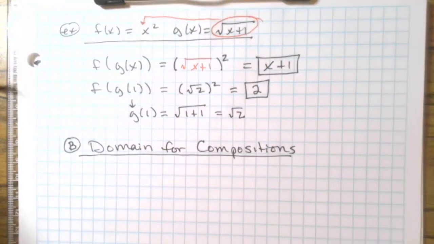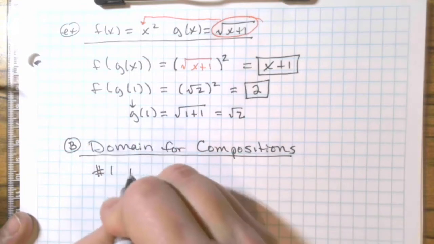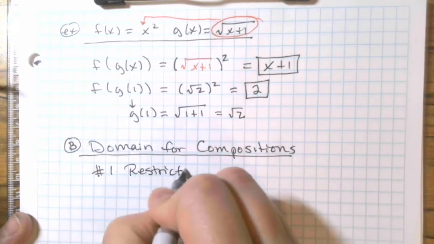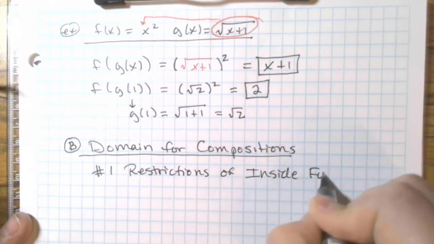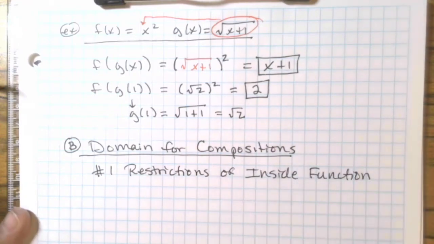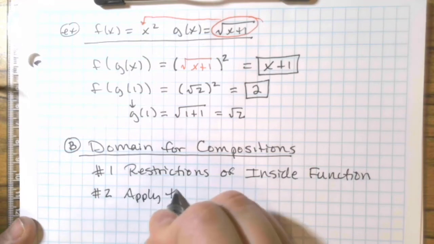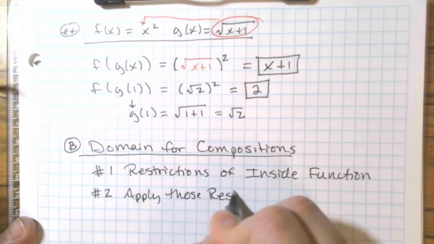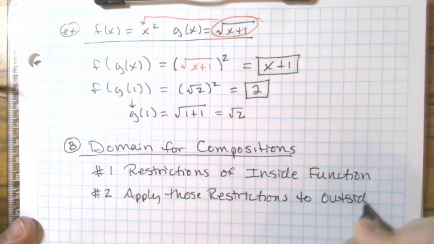Domains for compositions can be a bit interesting because number one, you take the restrictions of the inside function. And this is by itself, just the inside function. Number 2, you apply those restrictions to the outside function.